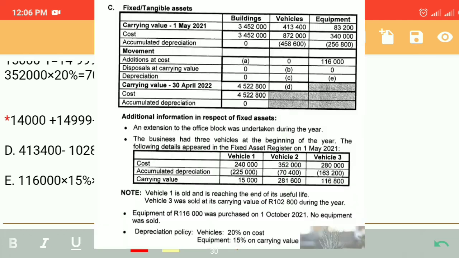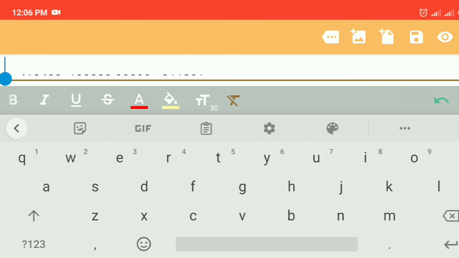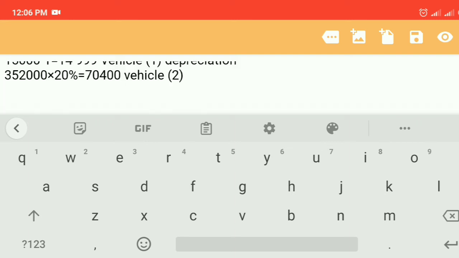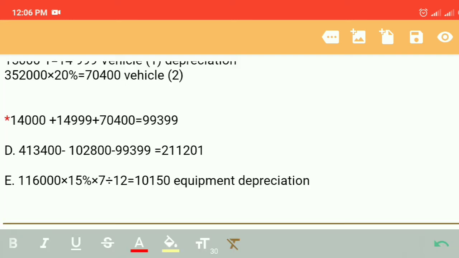Let's go back here. Equipment, going to focus there, depreciation policy, which is equipment 15% on carrying value. That's depreciation policy. It says that equipment is 15% on carrying value. So we multiply it by 7 over 12, or 7 divided by 12, as I said.